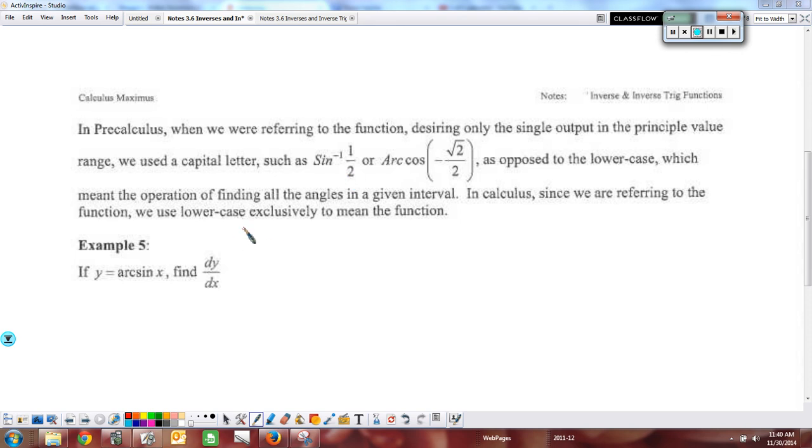Versus if we were solving and I started with sine of x equals 1/2, find all values, they would do x equals lowercase inverse sine of 1/2 to designate that you were trying to find all values, not just the principal value range. We didn't really stress that last year. It's just a convention that you might want to be aware of.